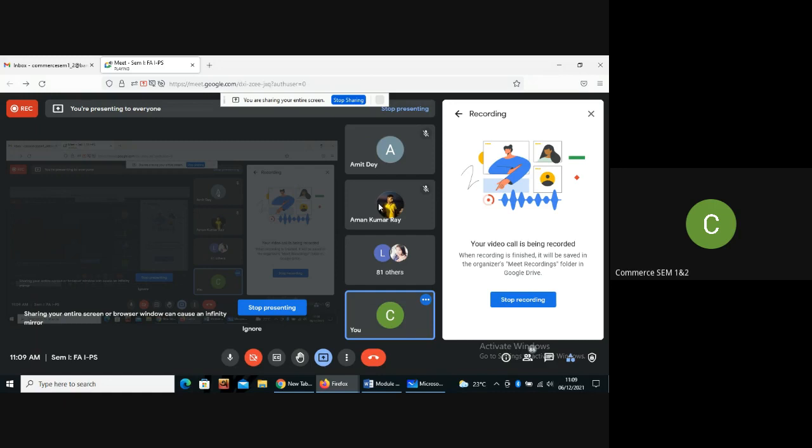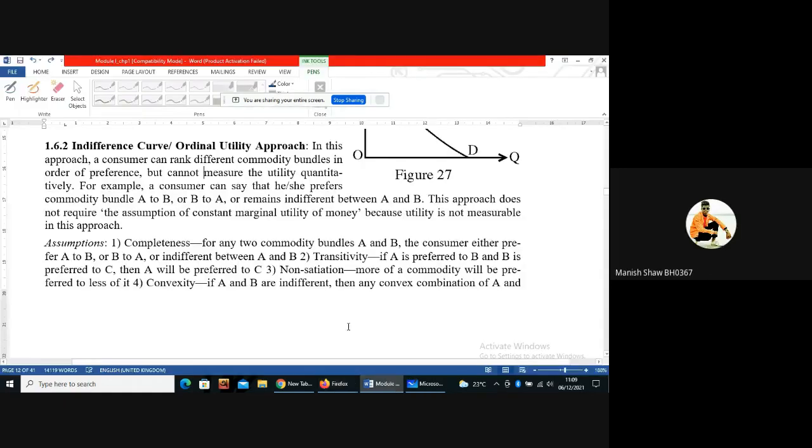So a consumer can rank different commodity bundles in order of preference, but we cannot measure the utility quantitatively.